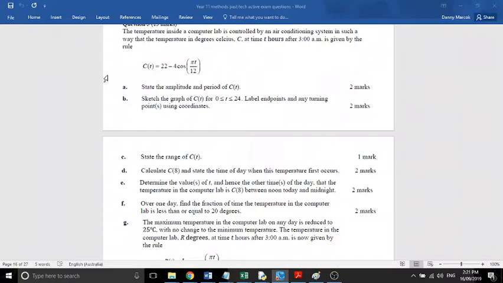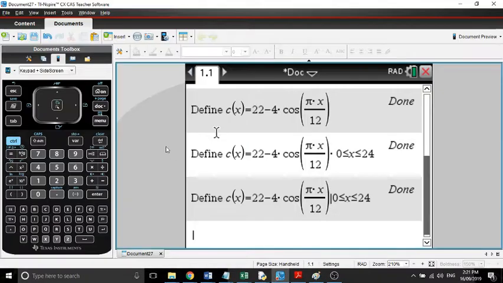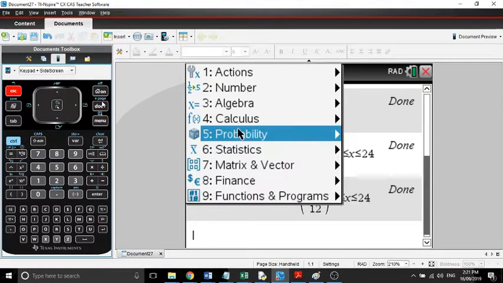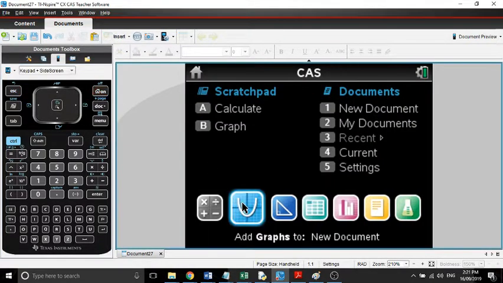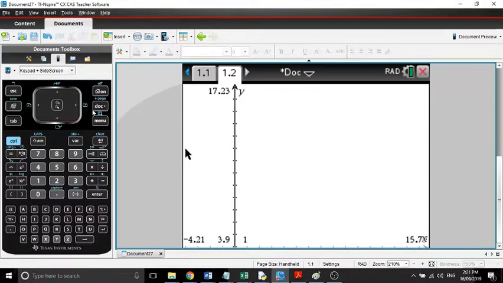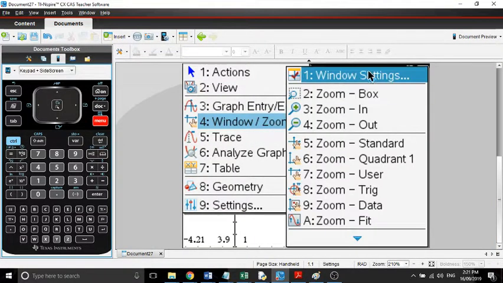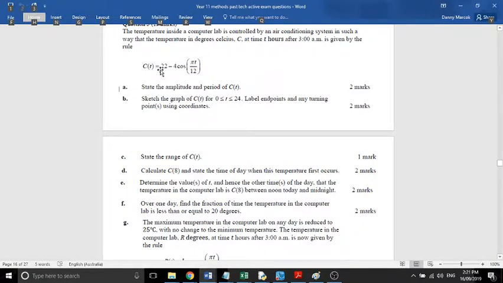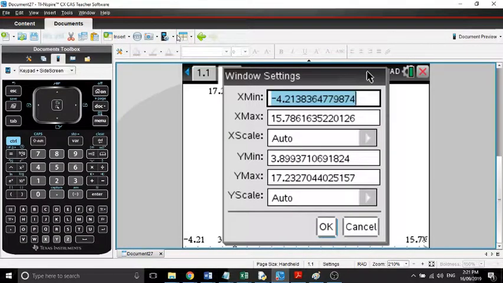Okay, so now we've got that. Now we're going to graph it. Home, graph, C of X. Menu, Window, Zoom. The question says we're going from 22, down to 18, and up to 26, so we'll go from -1 to 25, and from -1 to 27.